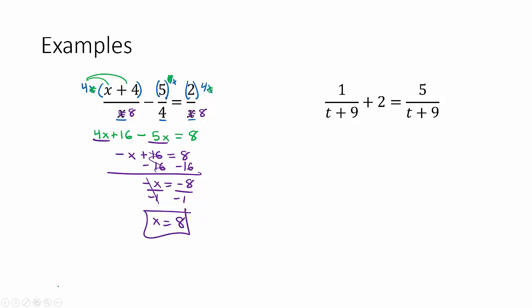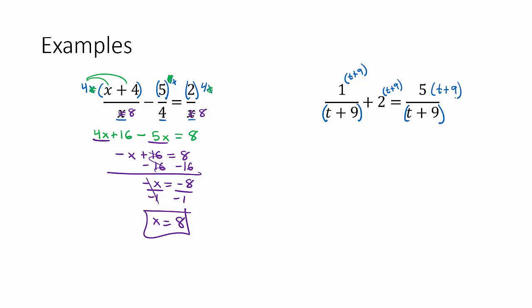Let's try this one. 1 over t plus 9 plus 2 equals 5 over t plus 9. So really the only denominator we have here is t plus 9. So that must be our least common denominator. So we're going to multiply every term by t plus 9. And what's important here is that also includes the 2.